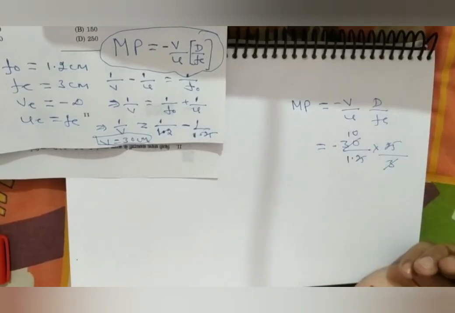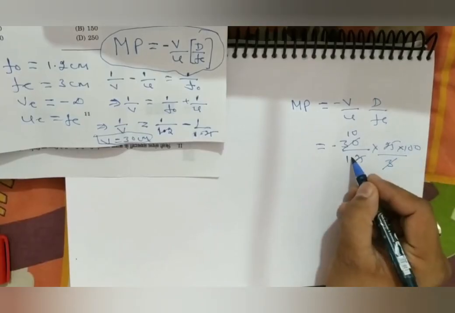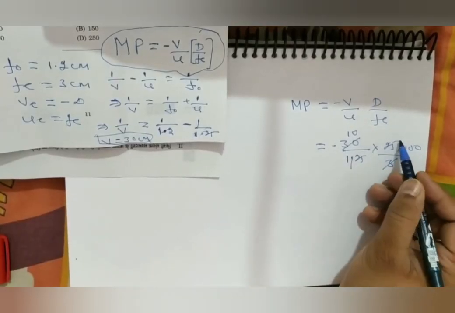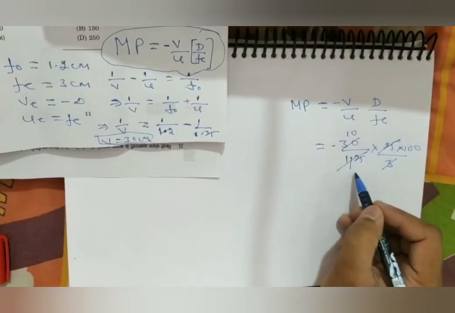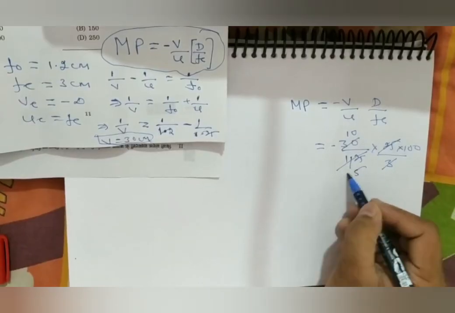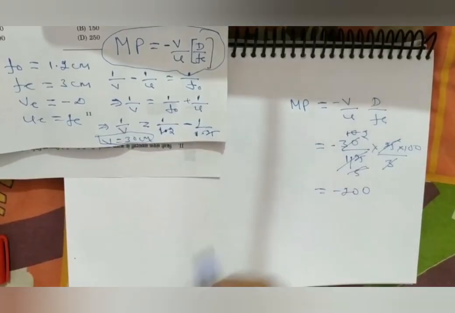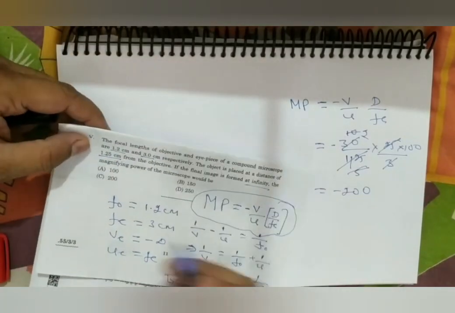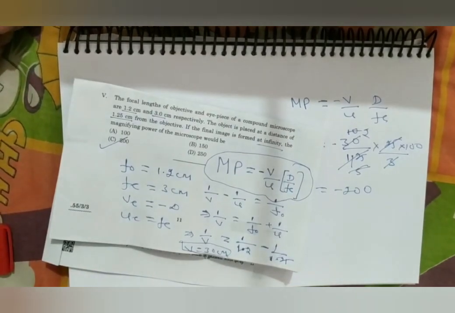If I multiply by 100, the decimal will be eliminated, and it simplifies, so the final magnification will be 200. So option C is the answer. Okay, thank you.